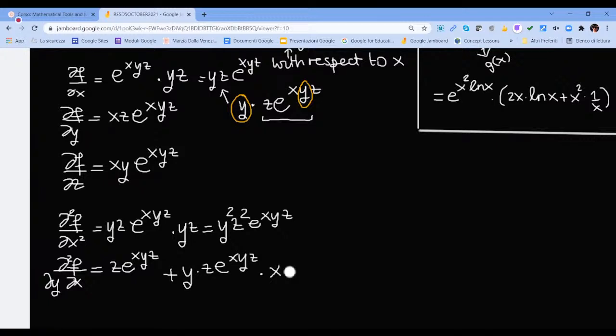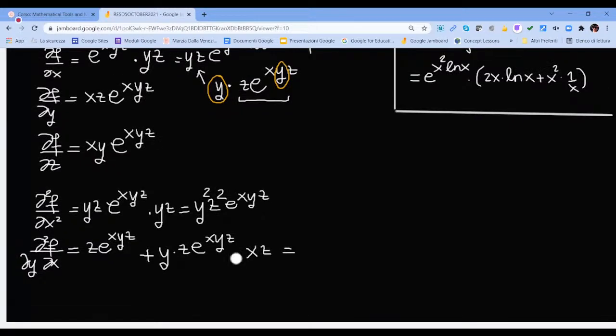Okay, let's put everything together. So we have z e to xyz, that is everything in the first term, so we have 1, plus this piece is already outside the parentheses, so we have xyz.